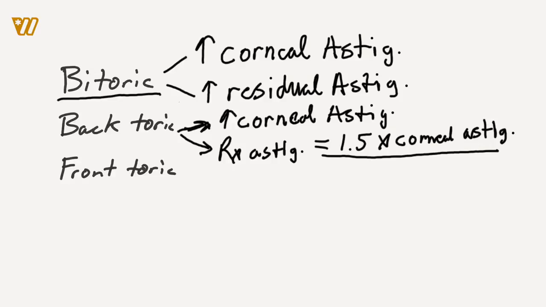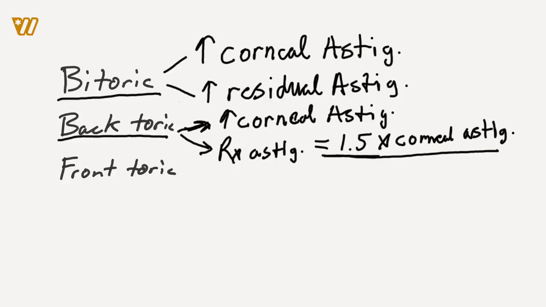Because of that index difference, and you guys will see this in the box in your text, the back surface of a back toric lens, and the same thing's true for a bitoric lens, will actually overcorrect the corneal astigmatism. So in these patients, you need to have spectacle astigmatism equal to 1.5 times the corneal astigmatism, so that extra cylinder correction will perfectly correct the patient's total astigmatism, and they'll be able to see.